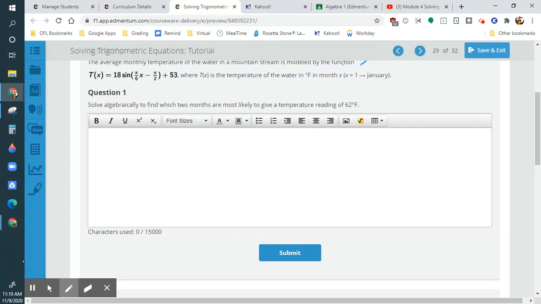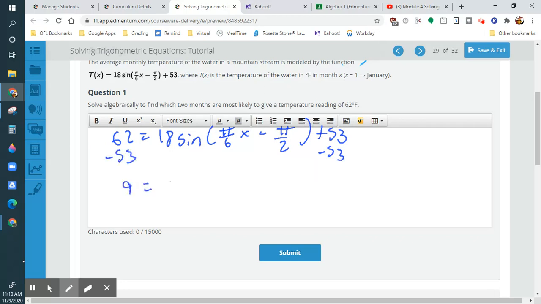Okay. So we're going to start off by plugging in the 62, and that's going to equal 18 sine of pi over 6x minus pi over 2 here plus 53. So we're going to subtract 53 from both sides. That's going to give us 9 equals 18 sine of everything again.